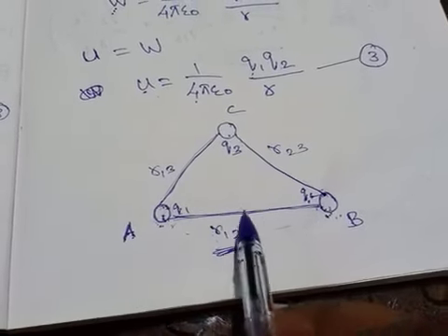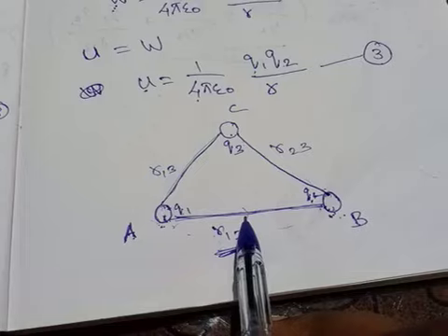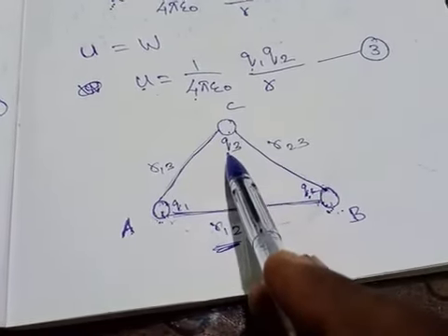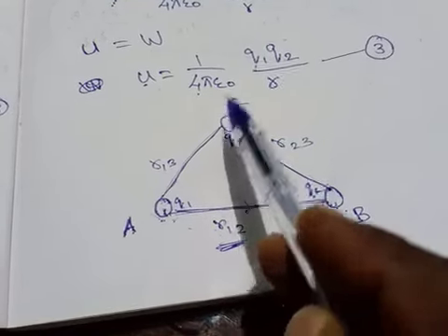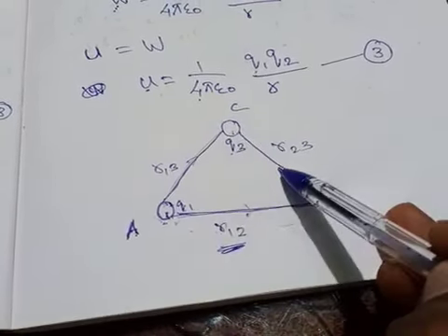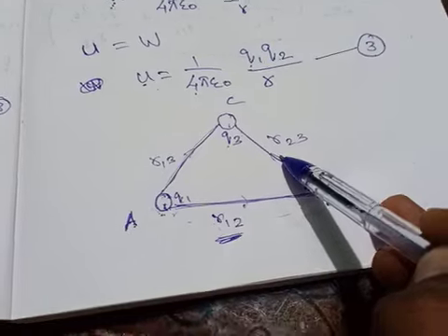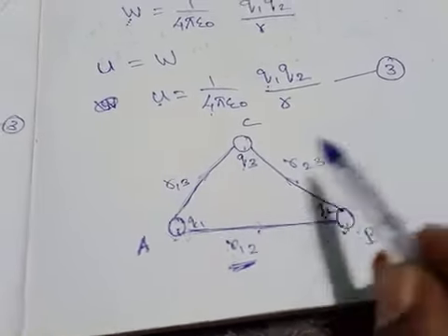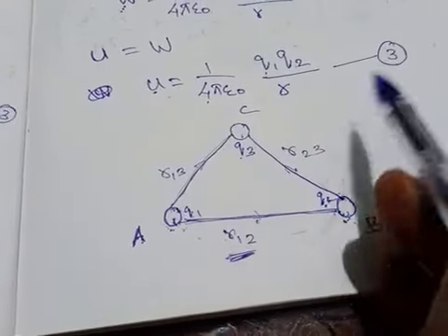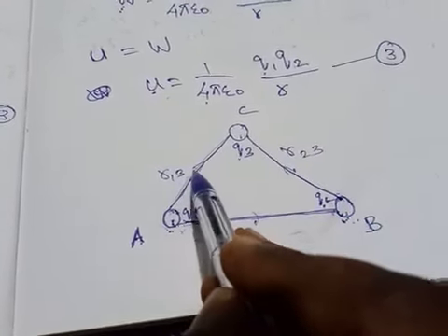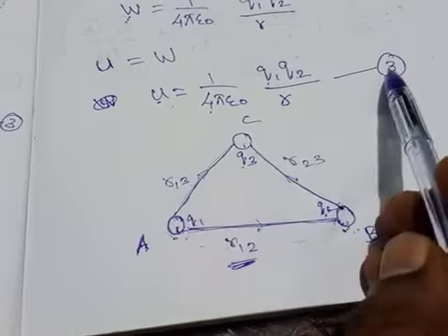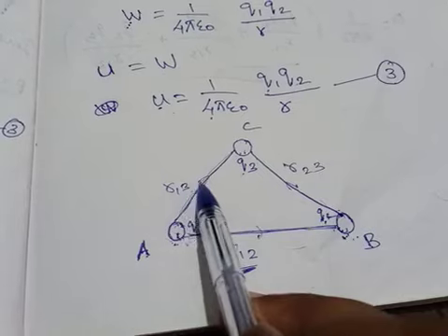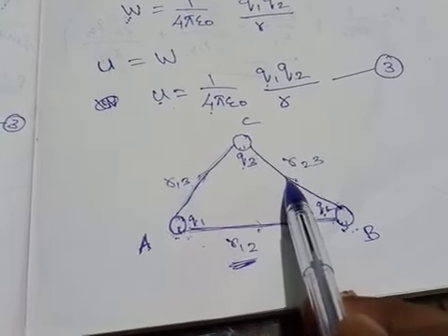So this electric force will be there. Now I am bringing another charge Q3 at the point C. Here electric force, here also electric force is acting. So now work done is what? Some work is done to bring this charge Q3 at this point, against this force and against this force.